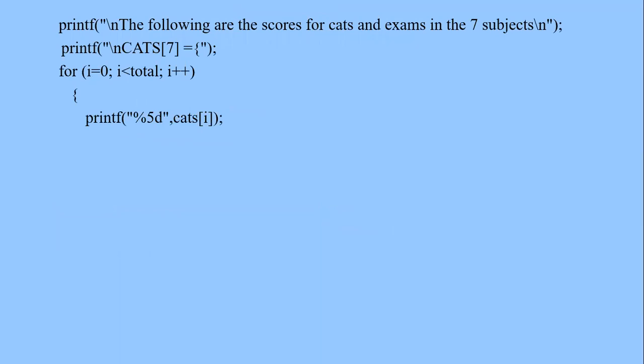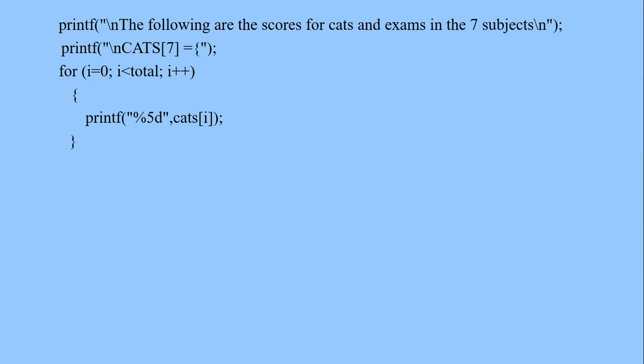And therefore, this statement will display each value with a space of 5 characters. This statement picks the content of the array called CATs at the first subscript, displays it, then goes back again, increments the value of counter, that is I, with 1, then displays the next element at the next subscript.